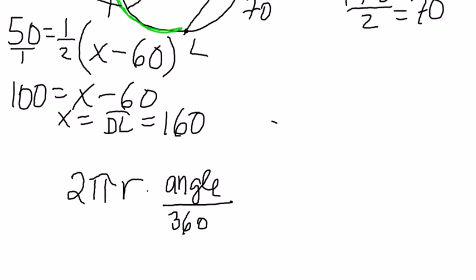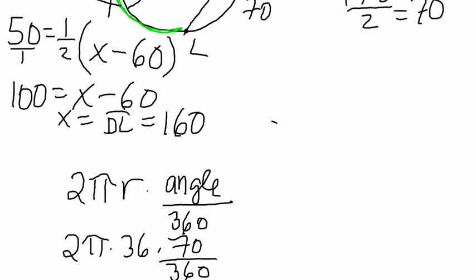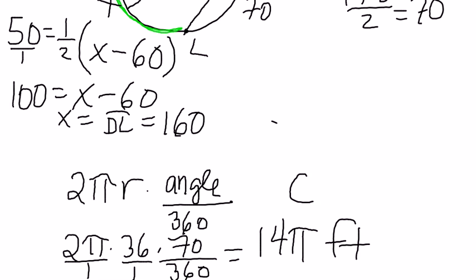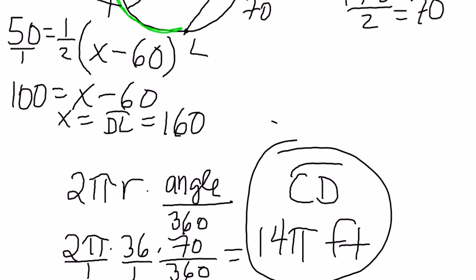Okay, so we have the radius as 36, 2 pi times 36, times that arc angle I just figured out, which is 70 degrees over 360. Go ahead and use your calculator, simplify and cancel, and I get arc CD to be 14 pi feet. So that's the measurement of arc length of CD, 14 pi feet.